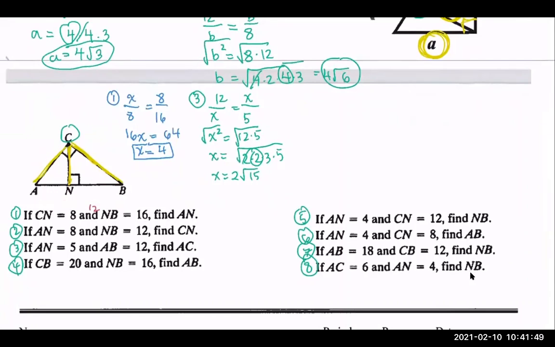So now I'm going to try number 4 with you guys. Okay, CB is 20. NB is 16. Find AB. Can you guys type into the chat, what's your geometric mean for this problem? Okay, very good. CB or 20.